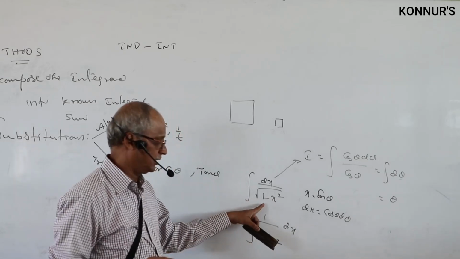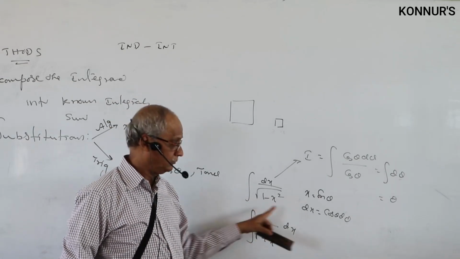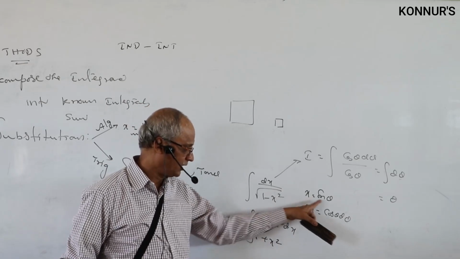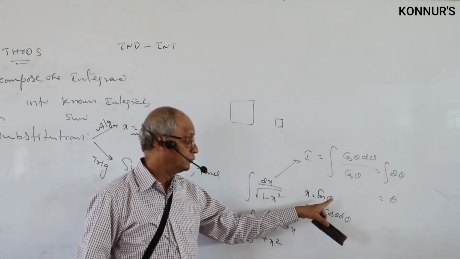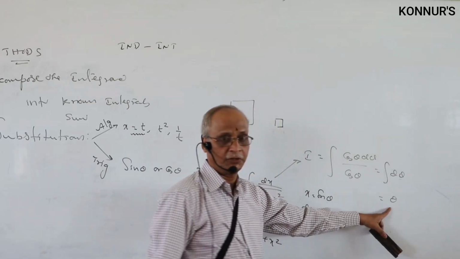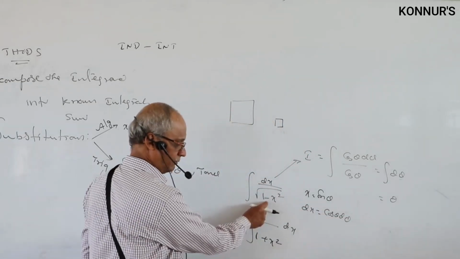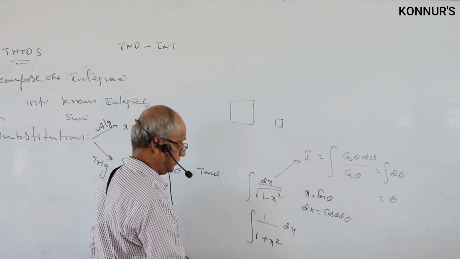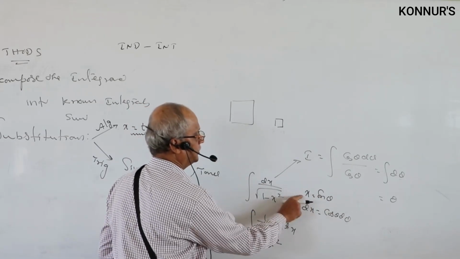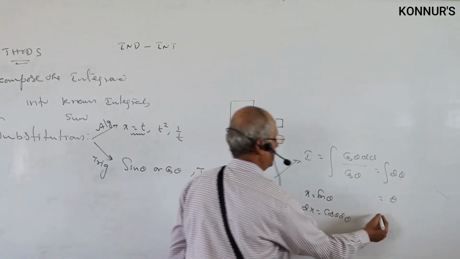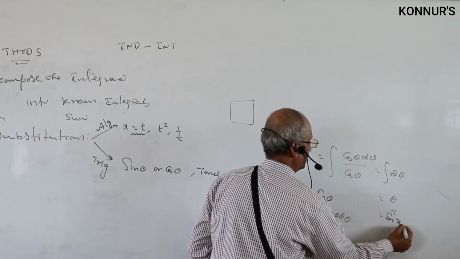You started the problem in terms of x. For simplicity, you used the substitution of x in terms of theta temporarily. You got the answer in terms of theta for your convenience, but I want the answer in terms of x because the problem is in x. Then go back to the substitution using inverse trigonometric functions. Then what is the theta value here? Sin inverse x.